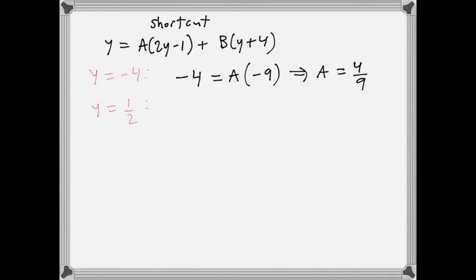So if you plug in y equals a half, you end up with 1/2 is equal to, on the right, you have b times 1/2 plus 4. That's 9/2, right? And so if I multiply this equation by 2/9, we end up with b is equal to 1/9.